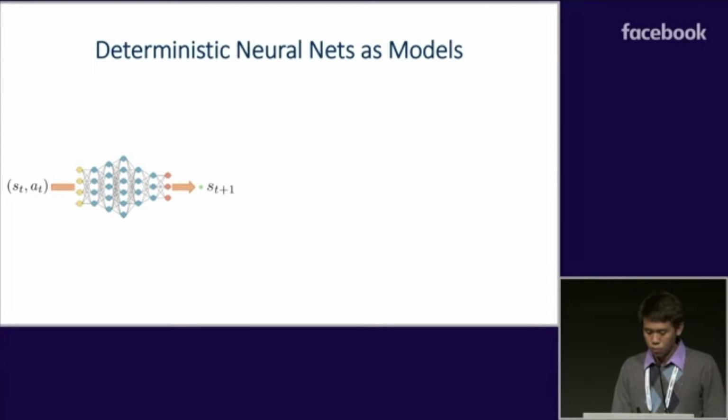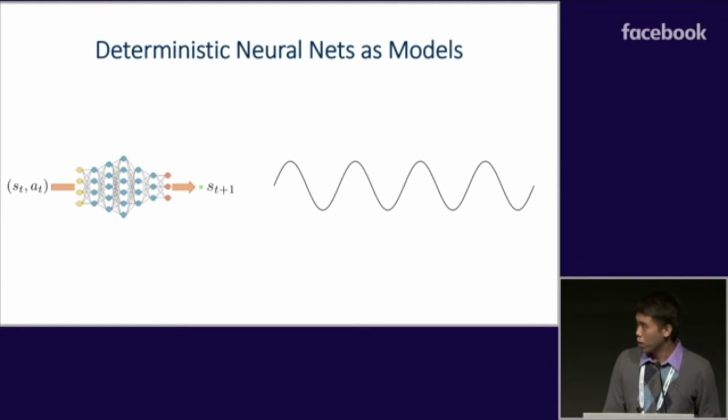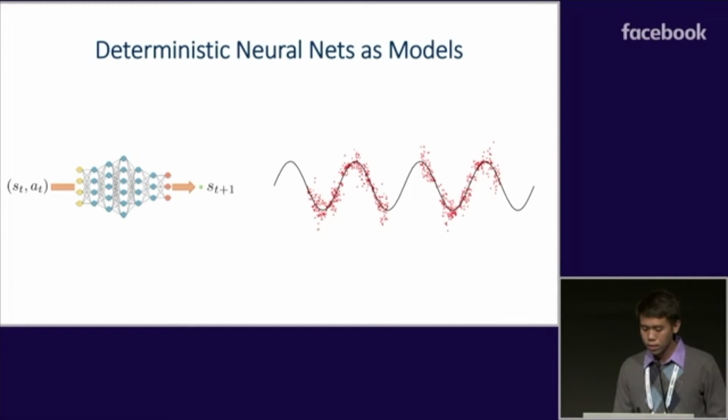In prior methods, we have a neural network which takes in the current state and action and gives a point prediction of the next state. To illustrate the issue, let's consider a toy function and assume that we have samples as well as a neural network that approximates it using these samples.